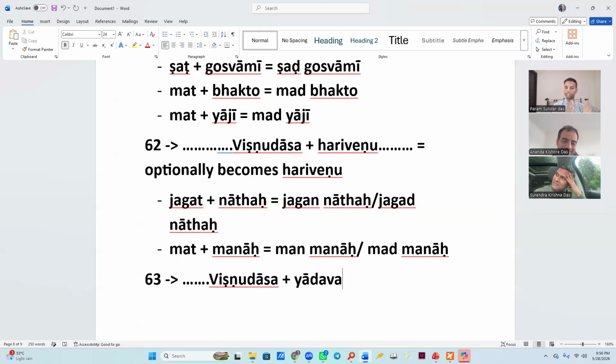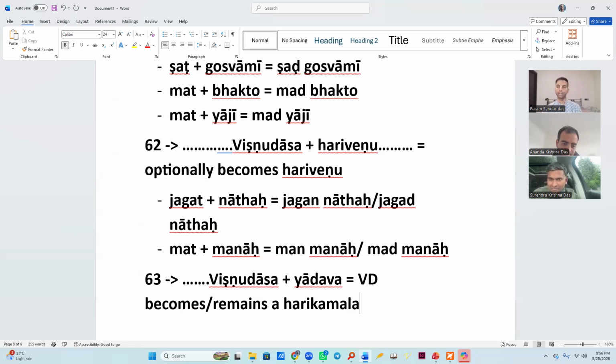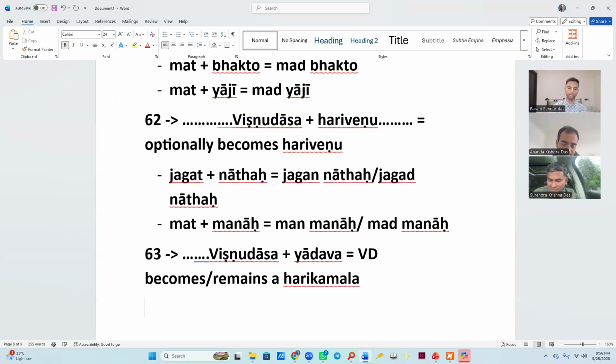So if there is Vishnu Dasa followed by Yadava, the rule is that Vishnu Dasa becomes or remains a Hari Kamala. For example, let's say we have Tat Te.